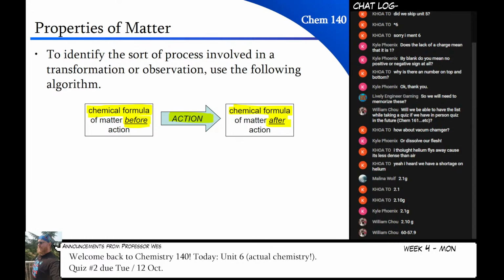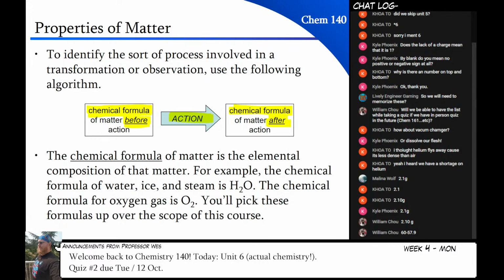Now, what is a chemical formula? Well, this is an introductory chemistry class, so you've probably only seen a few of these before. Everybody's heard of H2O. Everybody's heard of O2 or CO2. A chemical formula is just whatever the composition is, written as a formula. For many molecules, it's simple to write that.